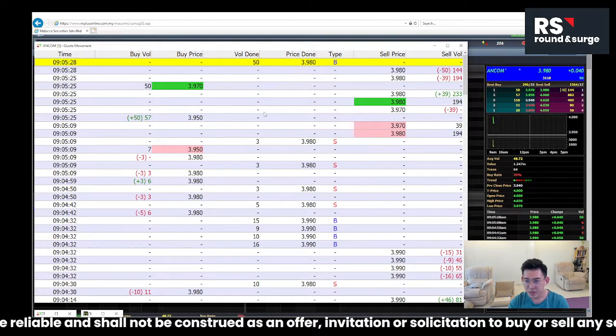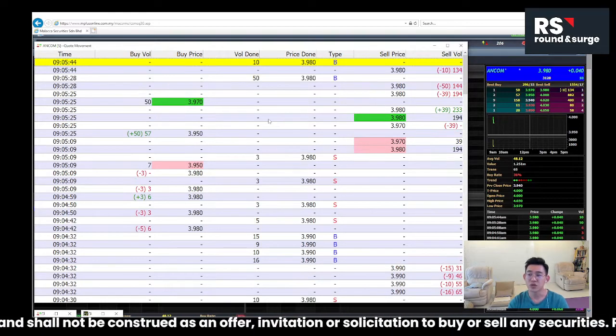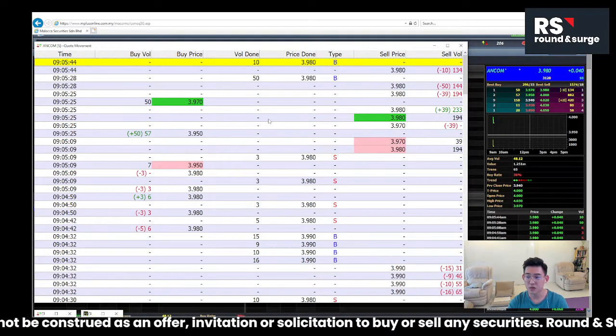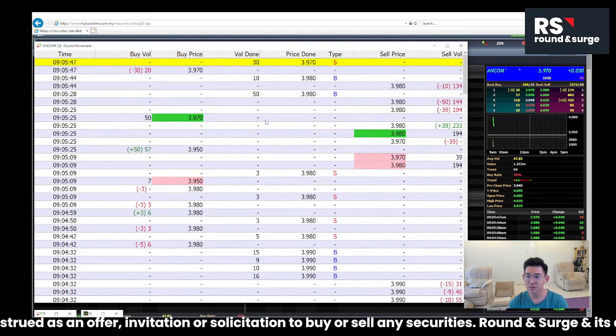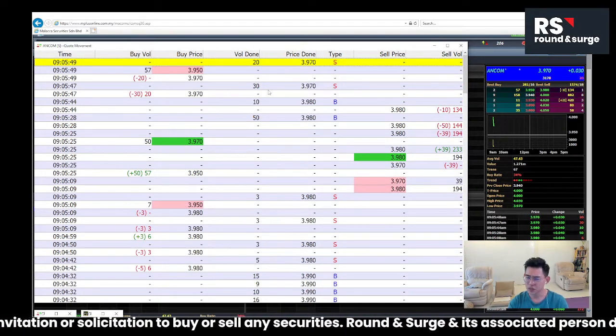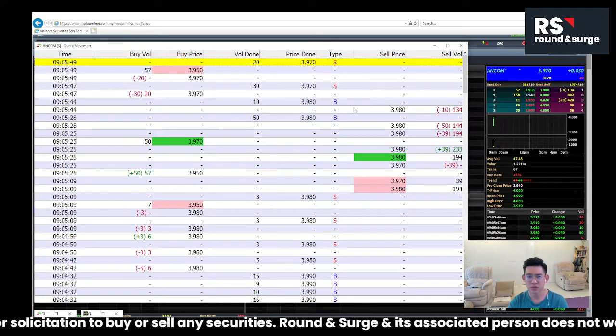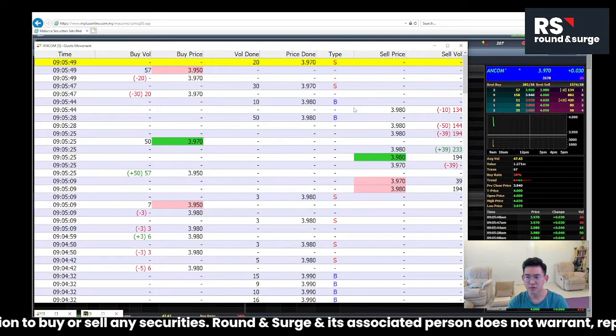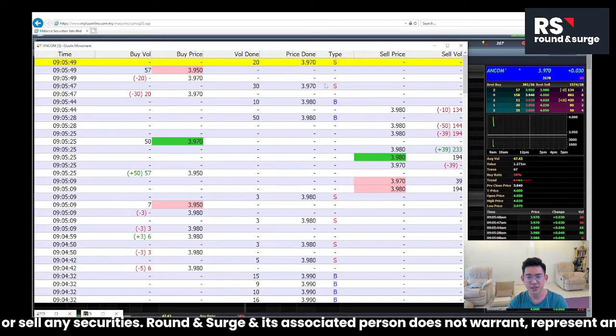Whenever you enter into a trade, you can only look into one stock. So you can't multitask in this because you need to look into all these transactions. This one is considered slow, so it's not that fast.